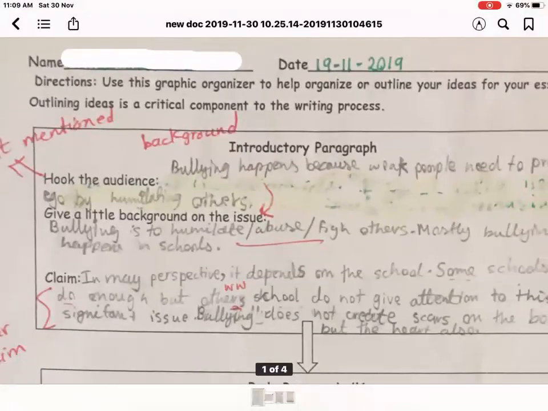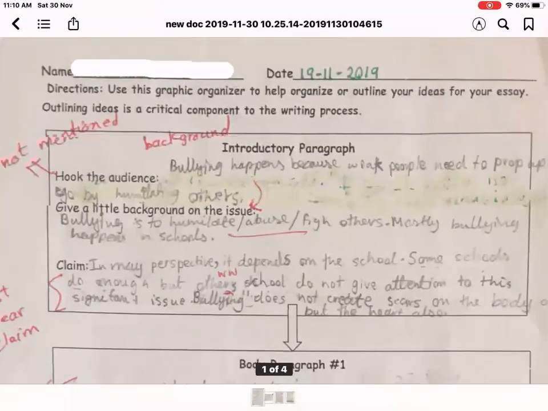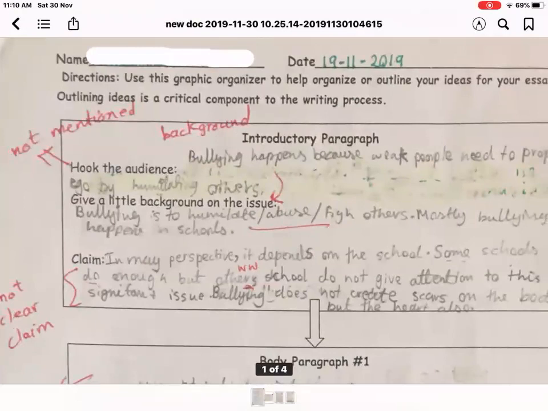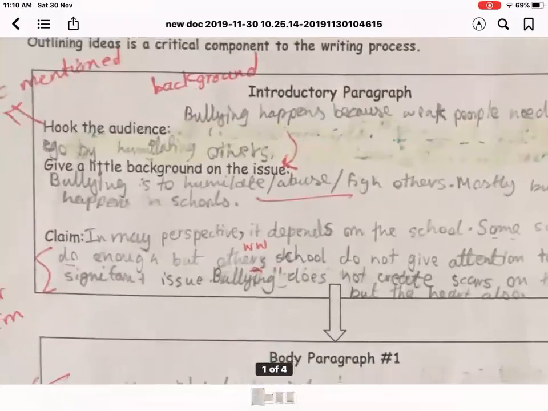As we said, the hook can be a question, a stunning statistic, an anecdote, an ayah, a hadith, something relevant and general and related to the topic. Since there is nothing attractive here, we as teachers do not consider this an attractive hook. But later I'll tell you this when we read the essay.